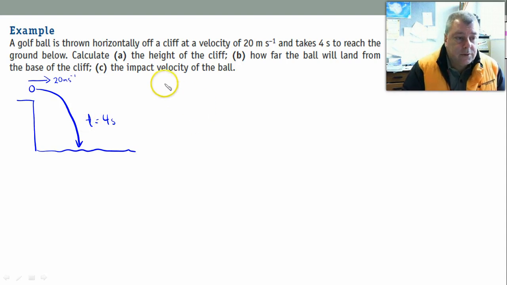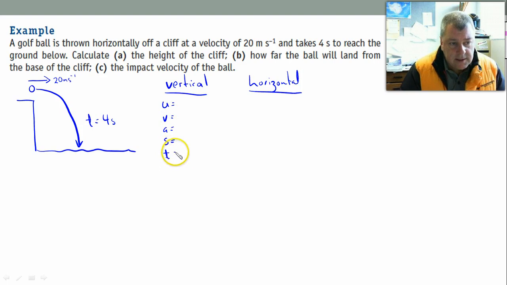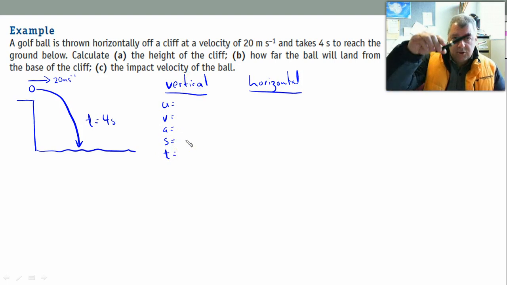It's also a good idea now to divide up our knowledge into vertical and horizontal. So again, u, v, a, s, t for the vertical, because that's exactly the same as dropping it.